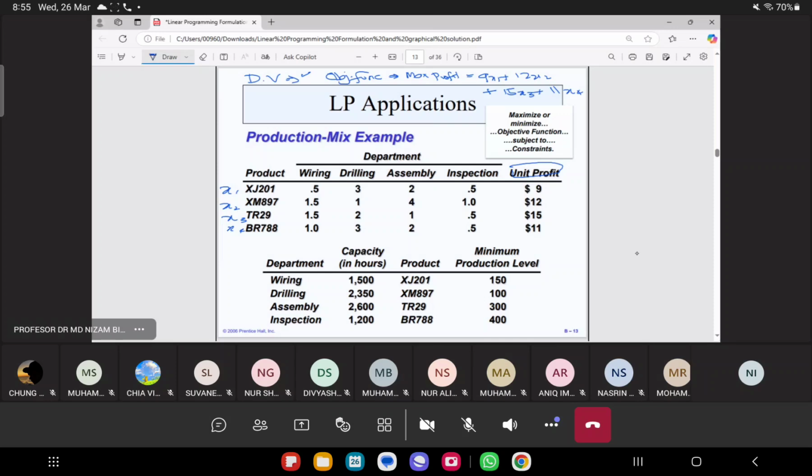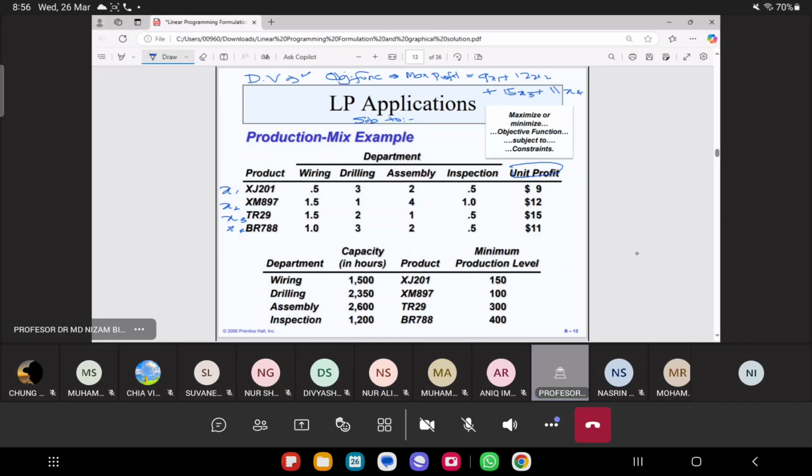Subject to constraints. So I need to define my constraints now. I'm going to maximize profit subject to these constraints. That's why it says subject to something, subject to constraints. What are my constraints? Anybody? Minimum production.